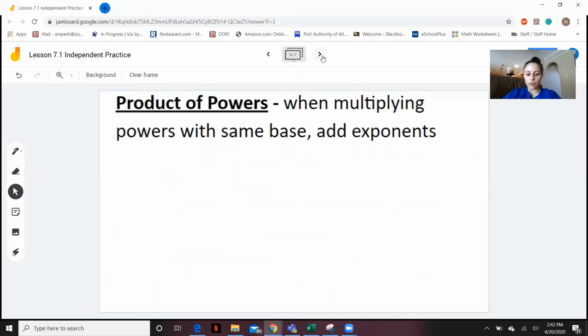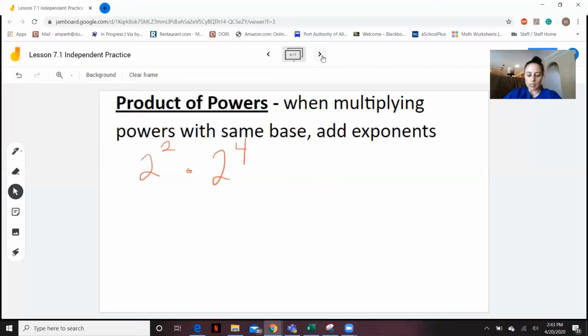Okay, so the first rule that applies when we are simplifying expressions is the product of powers. This basically says when multiplying powers with the same base, we add the exponents. To give you a really brief example of where this comes from, let's say we have 2 to the 2 times 2 to the 4.